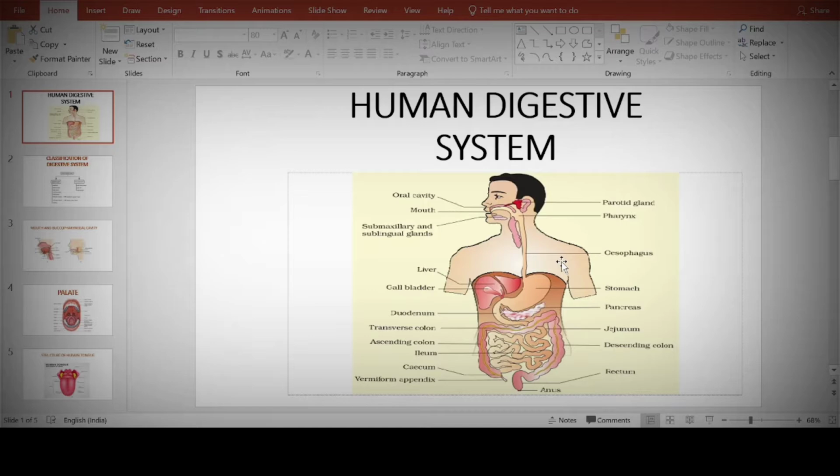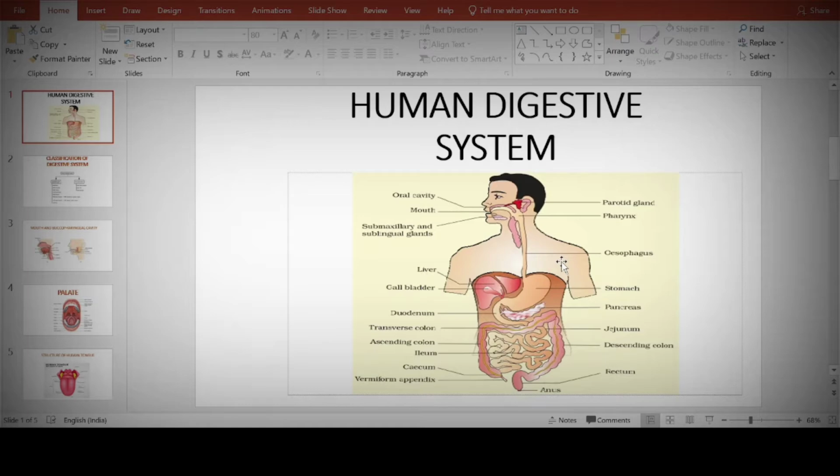So first of all, let me give you an ideal definition of digestion. I guess this is a topic that we have studied a little bit in our previous classes, in 10th, 9th or whatsoever, but here we are going to talk in detail.